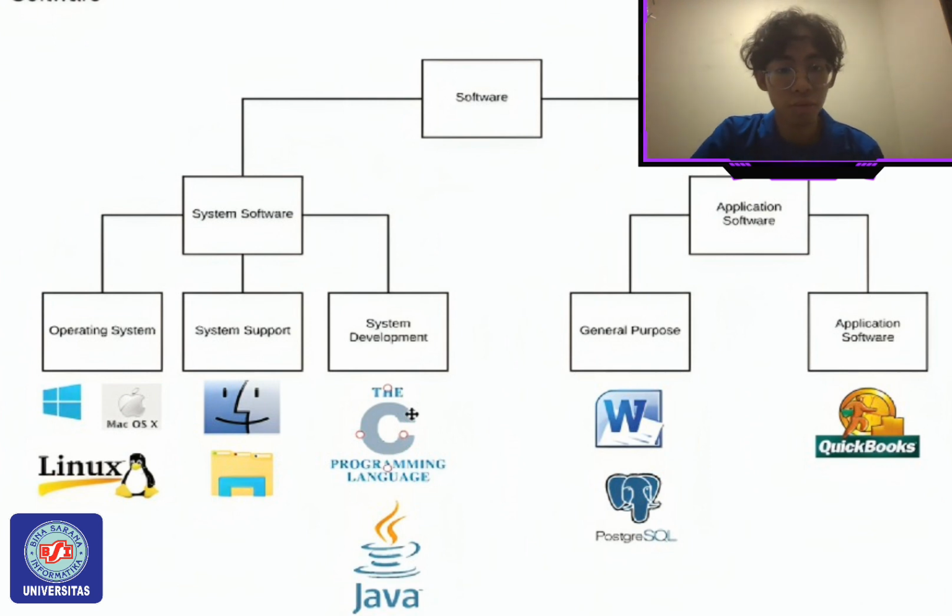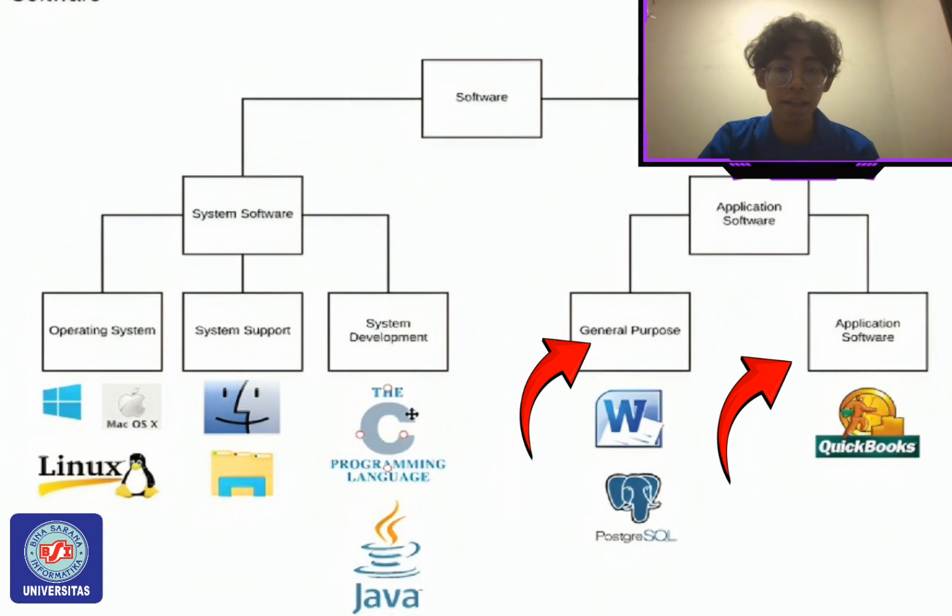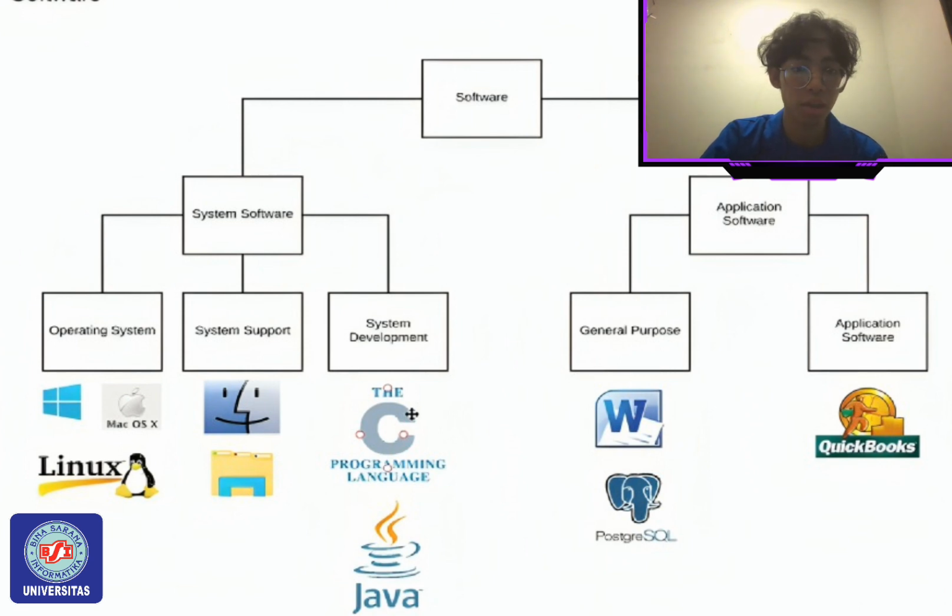Moving to the right branch, we have application software, which you can really break into two sections, maybe more, but for our purposes there is general purpose software, which is software that does a lot of different things. It is used for a general purpose. Microsoft Word might be an example.